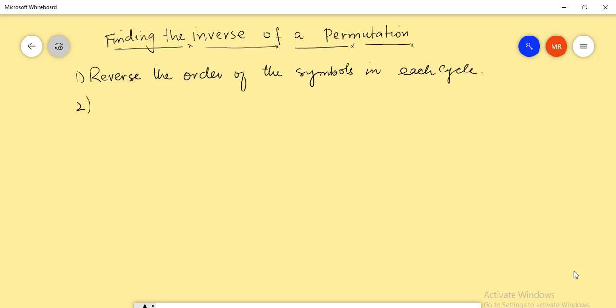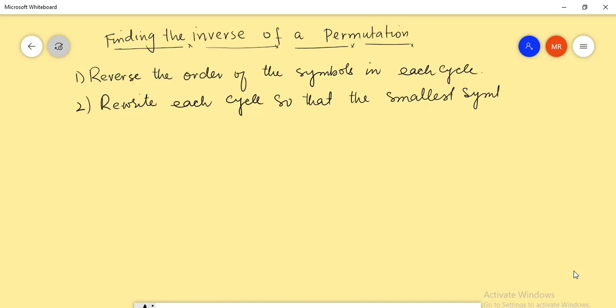And then we rewrite each cycle so that the smallest symbol is first, as we have done in our previous case.